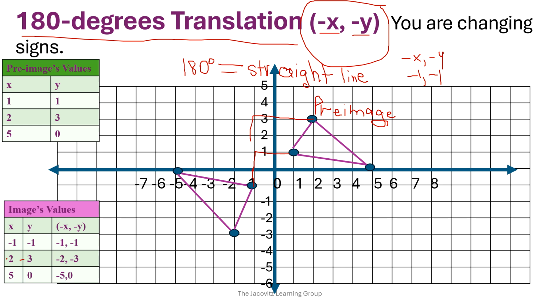Now what are you going to do? You're going to go from here to here. That's straight. I'm sorry, this is straight. That's a straight line from there. Sorry, that's a no-brainer. 5, 0, 5, 0. That's your straight line, and that's as straight as it gets.